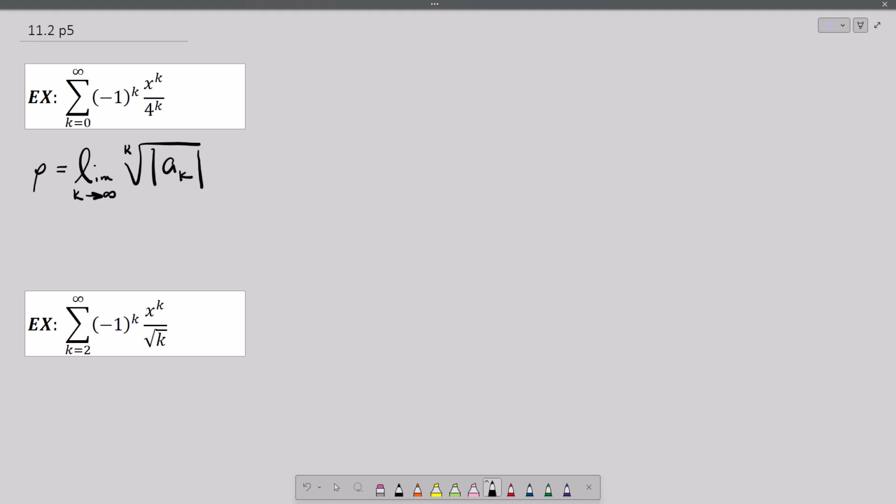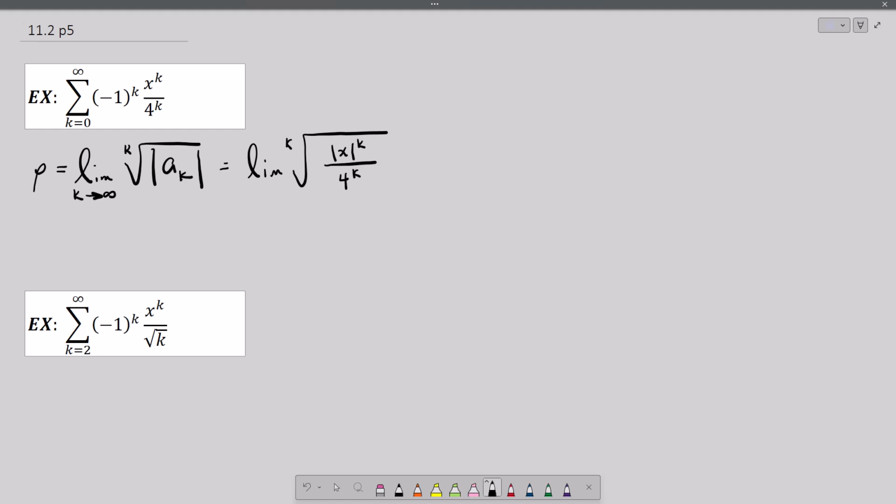Doesn't look any different. Now here, when we go to plug in to figure out what's inside the kth root, we are taking absolute value. So the minus 1 to the k, which is a switch, that just goes away. Absolute value is going to take that away. We still need the absolute value around the x, though, because x is just a real number.